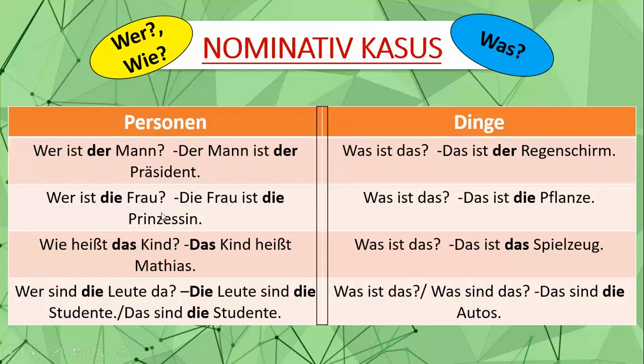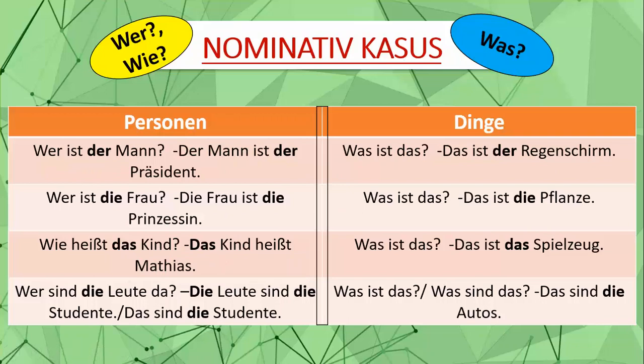Wer ist die Frau? Die Frau ist die Prinzessin. Who is the woman? The woman is the princess. Wie heißt das Kind? Das Kind heißt Matthias. So, what is the name of the child? The child is called Matthias.